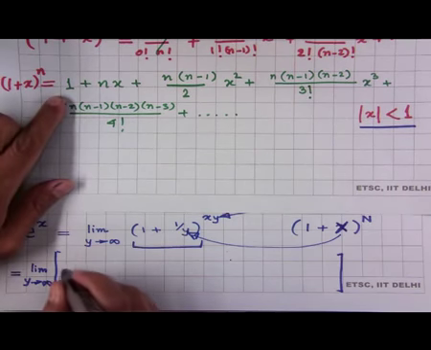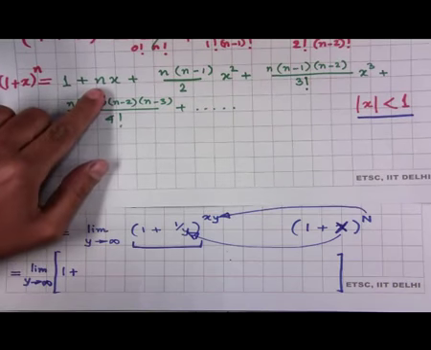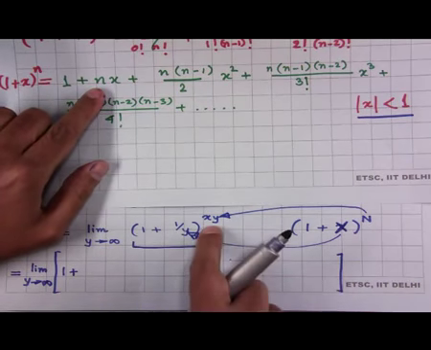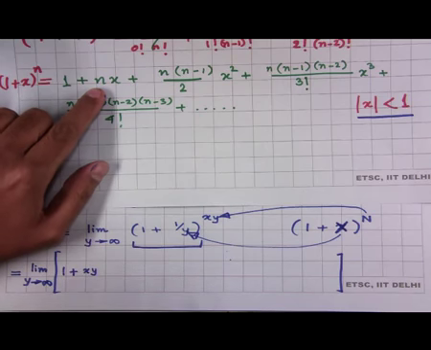So, the first term is 1, next is n times X, where n is x y and X is 1 by y.